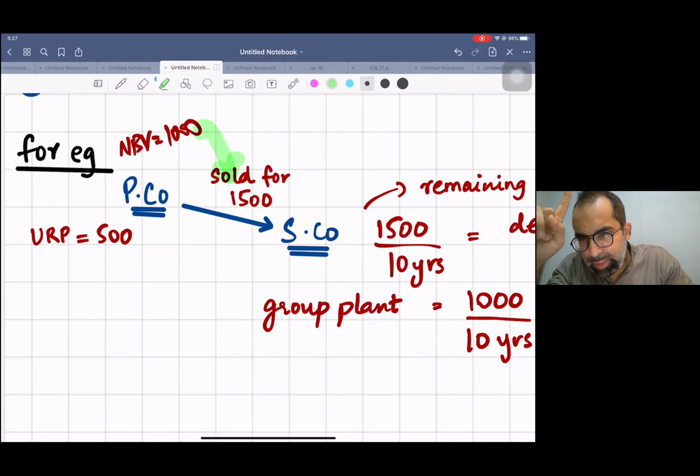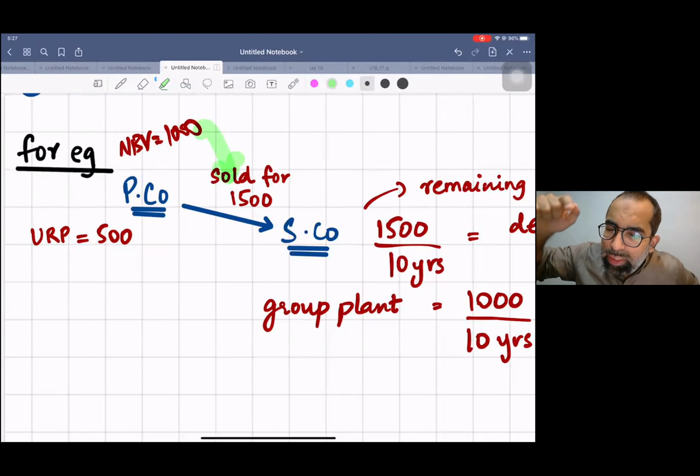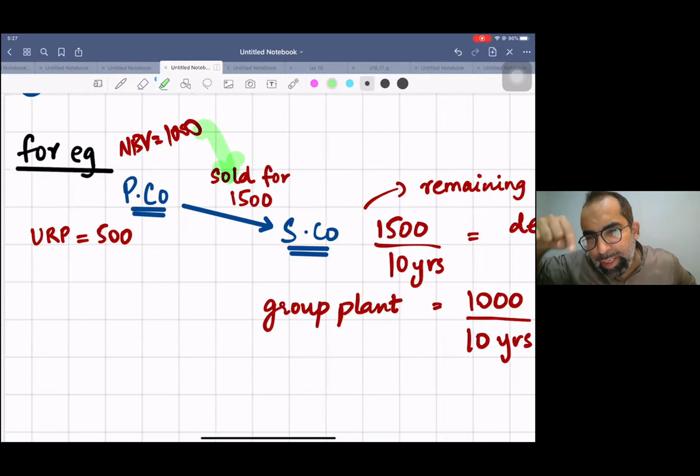As this is a P2S sale, this profit is booked by the parent company. So this URP is in the parent company's P&L, so definitely in the parent company's retained earnings, and automatically it has gone into consolidated reserve.